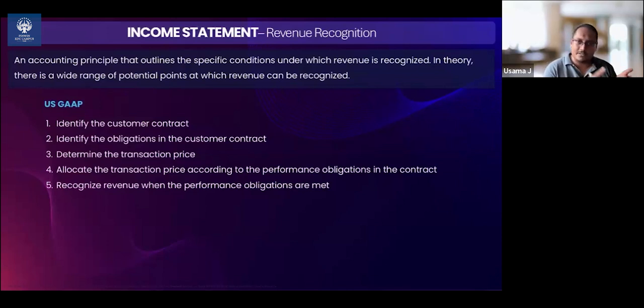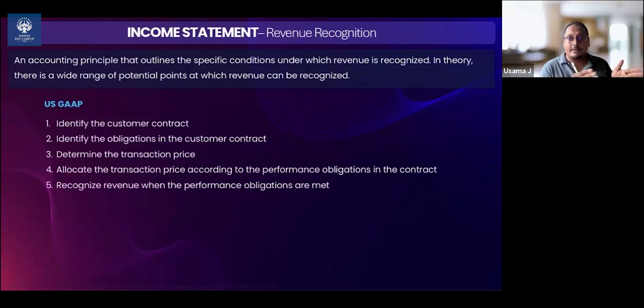You saw performance measurement and collectability in IFRS. US GAAP tells us that you have to identify the customer contract. A specific contract should be identified. I am selling to you, I have made the offer and you have accepted. Identify the obligations in the contract. I am going to give you a good of this amount of weight in this color, in this model, or a vehicle of this model, in this make of this year.